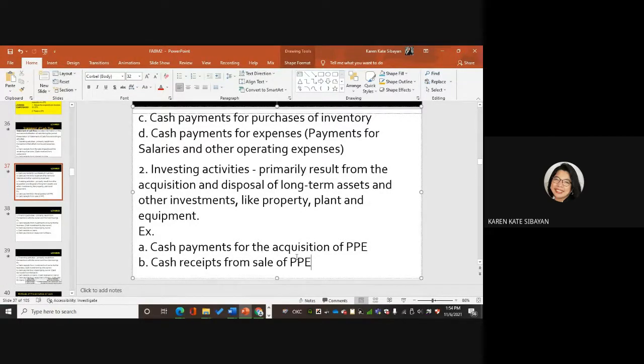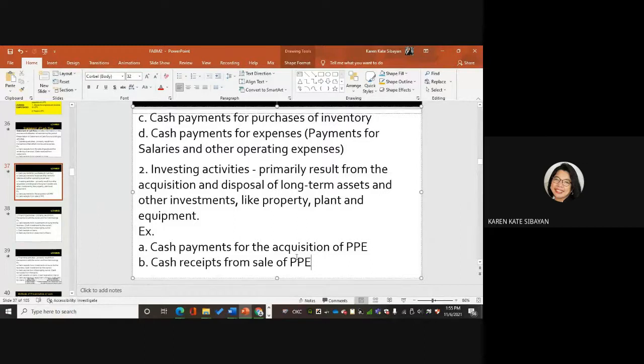Another is payment in the form of loans made to other parties, or payment to acquire equity securities of other companies, payment to acquire debt securities of other entities except cash equivalents, and last but not least, payments in the form of loans made to other parties. So, under investing activities, there are many.